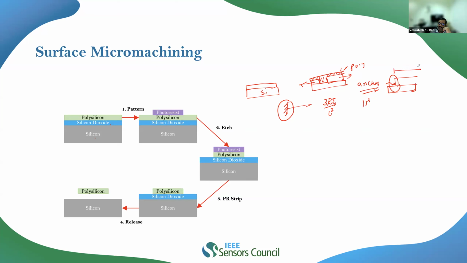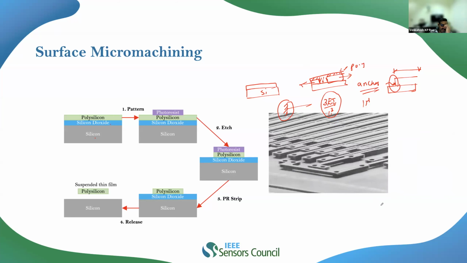On the other hand, my beam will be around hundreds of micrometers. So still, you can have a first order approximation with 3EI by L cube for the cantilever. But if you want an exact value of the stiffness, you can formulate it. If you are interested, you can always come back to me. We can have a separate discussion on it.